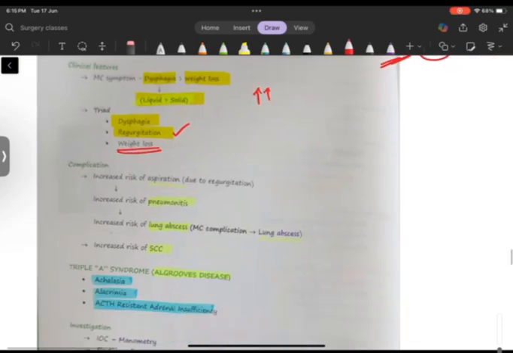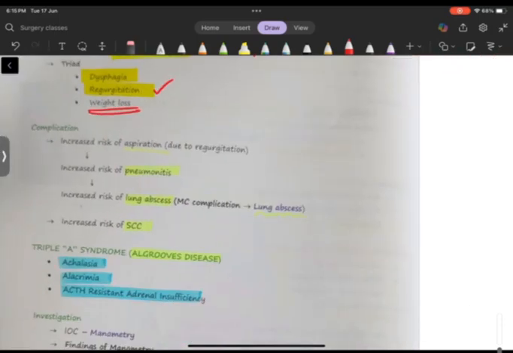What happens if we don't treat this condition? What are the complications of achalasia cardia? Since the food is refluxing, it can enter the trachea and lead to aspiration. Hence there is an increased risk of aspiration. If a tiny aspirate reaches the lungs and stays there, it will irritate the lung alveoli, causing pneumonitis, an infection of the lung parenchyma.